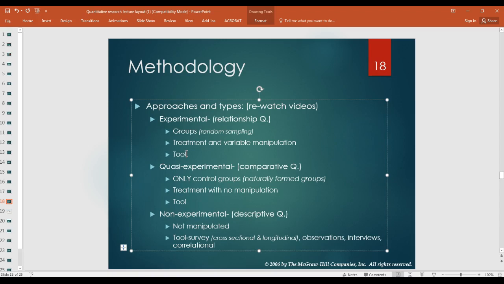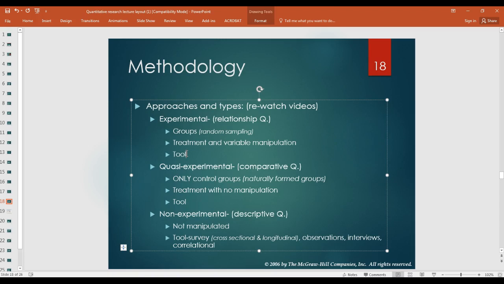The treatment exists, but there's no manipulation of one independent variable versus the other. There's only one variable that I'm studying, and I am not comparing two variables to each other. I'm not manipulating one to see the outcome on the other. I'm just looking at what is happening for this group of people.